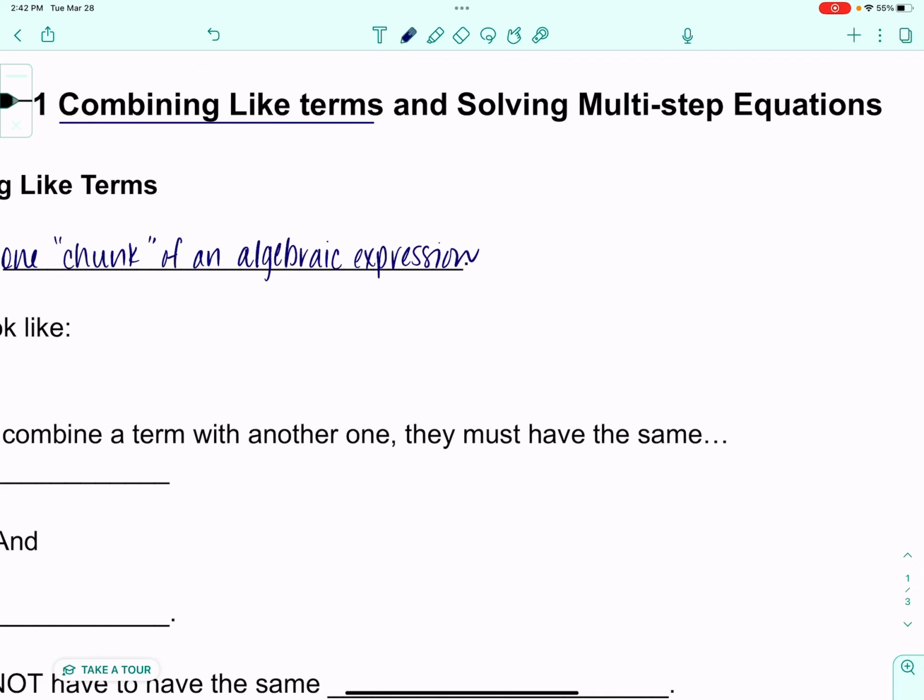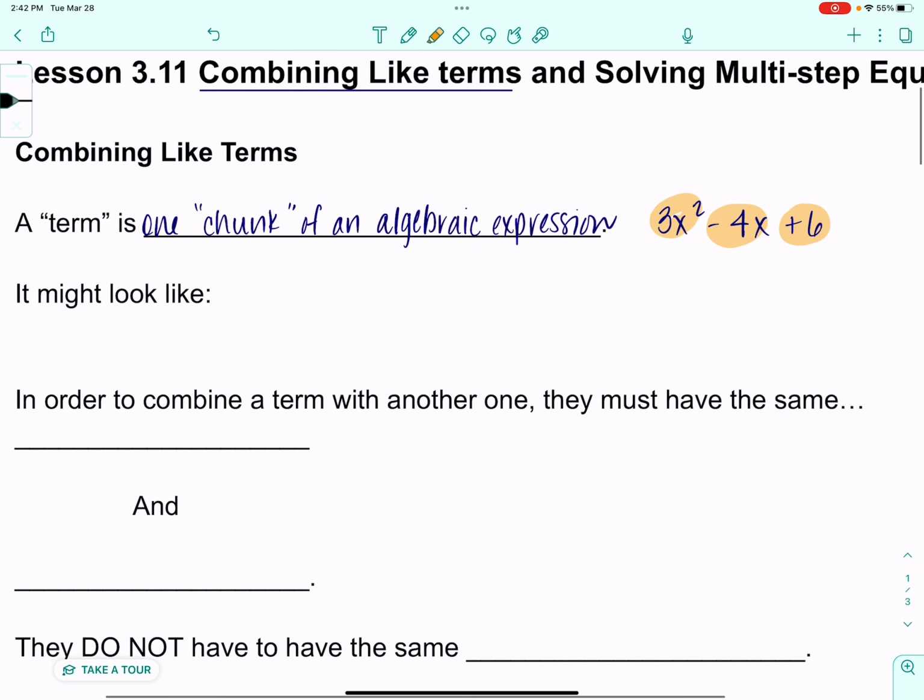For example, if I had 3x squared minus 4x plus 6, each one of these pieces or chunks would be a term. So we'll take out one of them. I'm going to take out the 3x squared and make sure that we remember the terminology that goes along with it.